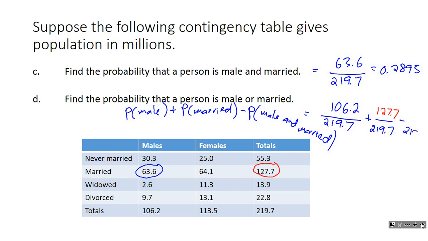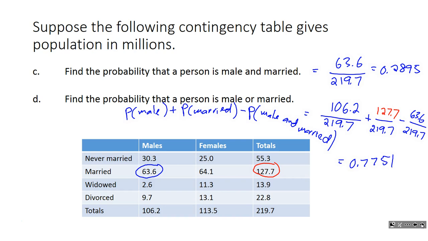And then for the last fraction, out of all these people, how many are male and married? We should know that number because we used it in the last problem. That is our 63.6. If you do the arithmetic here, add the first two numbers, subtract the third, then do your division. What I got was 0.7751.